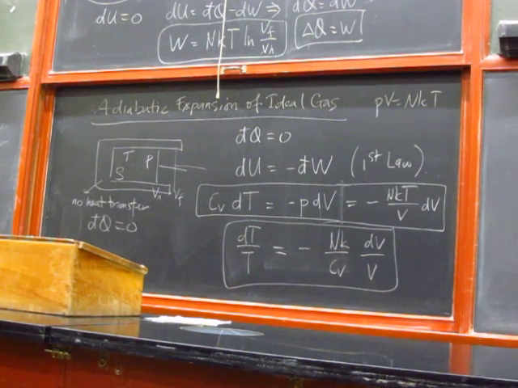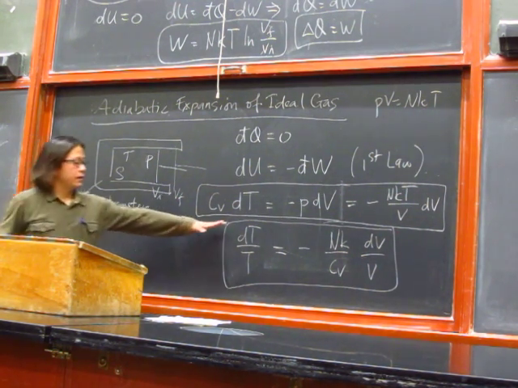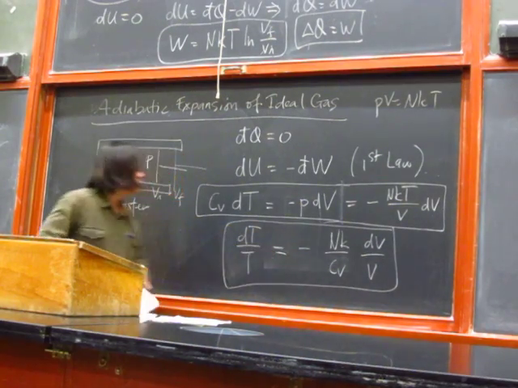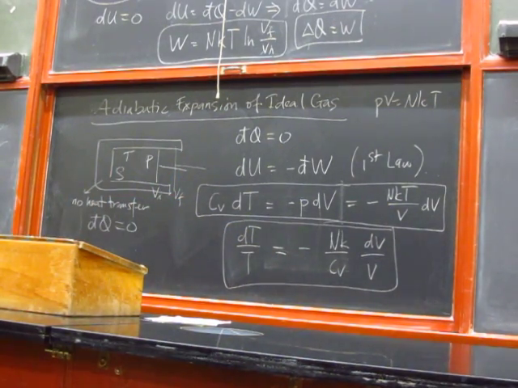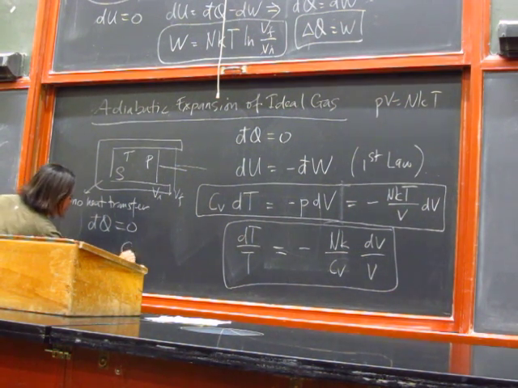And we already did this on Wednesday. We found that from integrating this differential equation, you get T V^(gamma minus 1). By the way, gamma is defined as Cp over Cv.